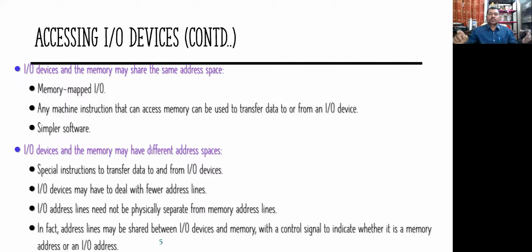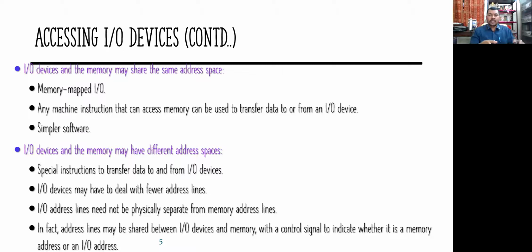But the address lines we use in the kit are generally the same. If not, we would again have to put a 16 line address bus for the input output devices, which would be very difficult to understand, and the circuitry would become very large and very big.